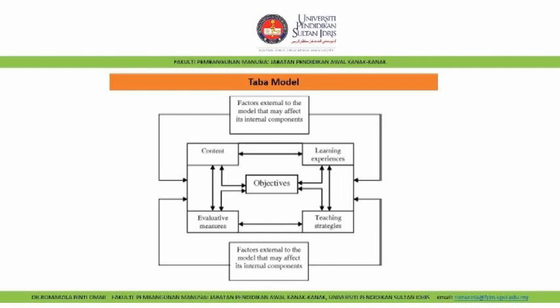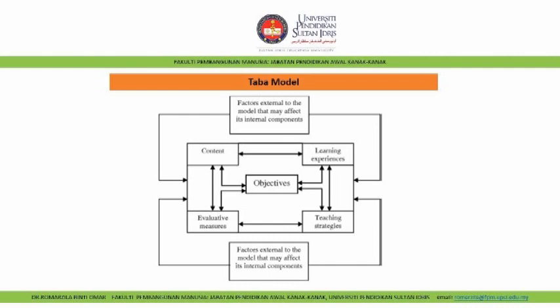Taba's model contains within it a number of innovative aspects: specificity in determining objectives and content; learning experience selected and organized in accordance with specified criteria; teaching strategies that specify a variety of methods and technology; and an elaborate array of evaluative procedures and measures.